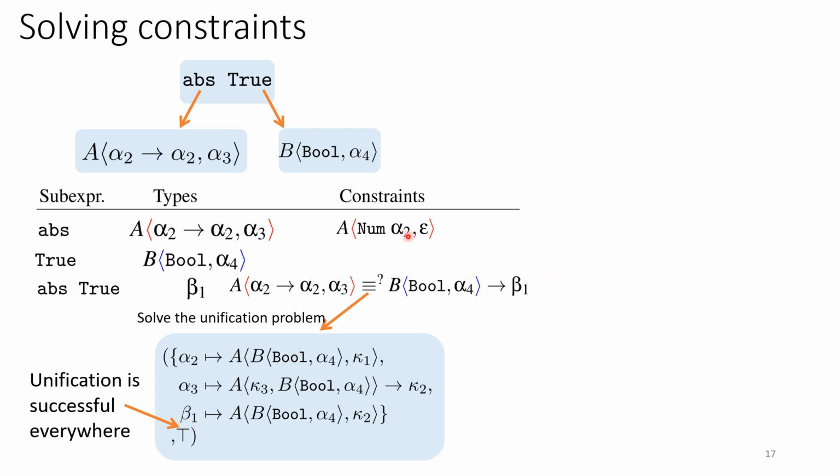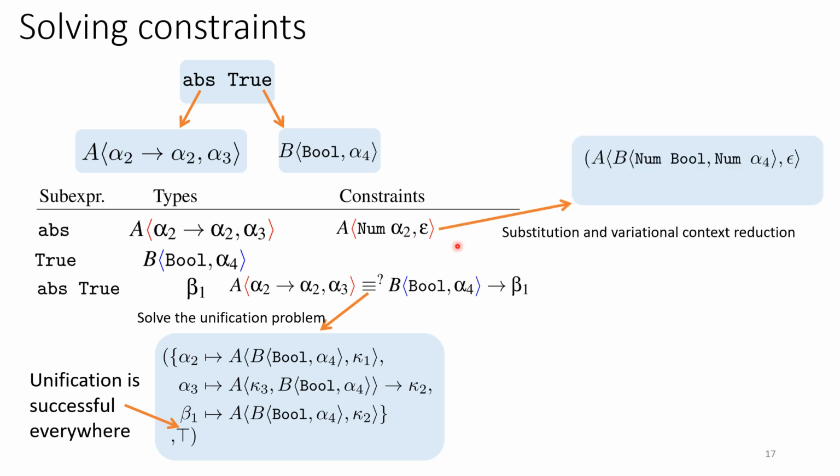Now we have a solution for alpha2. We can plug that solution into this type class constraint. And after that, we use an algorithm called variational context reduction, developed in this paper, to reduce this type class constraint. Again, the reduction result consists of two parts. The first part is a reduced type class constraint, and the second part is a pattern to indicate where reduction is successful and where reduction fails.